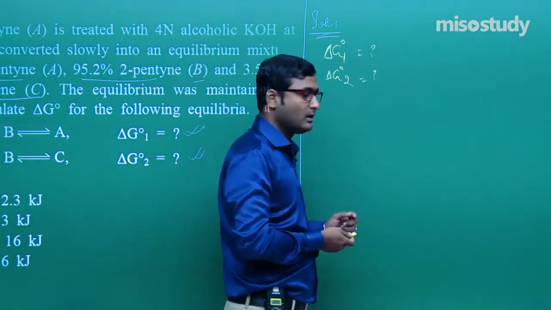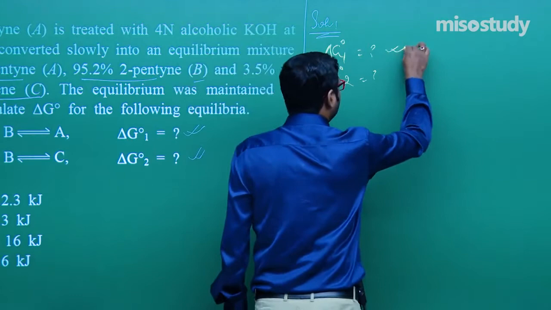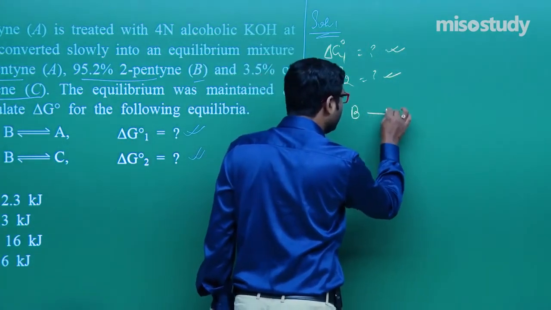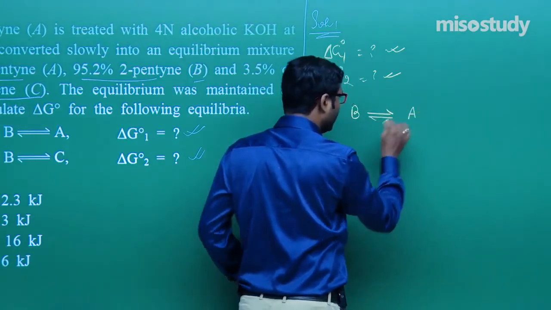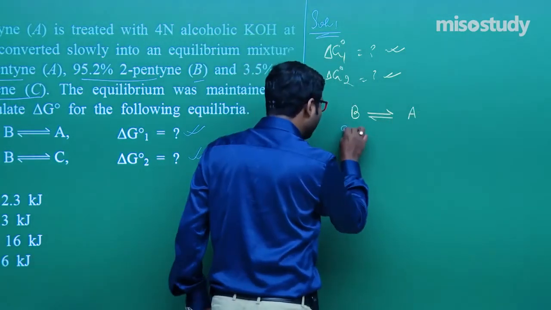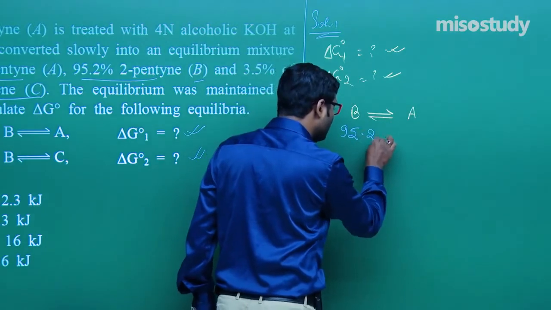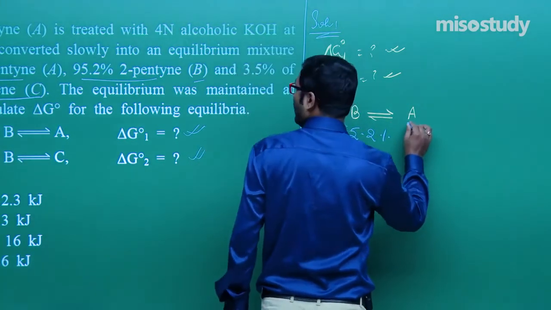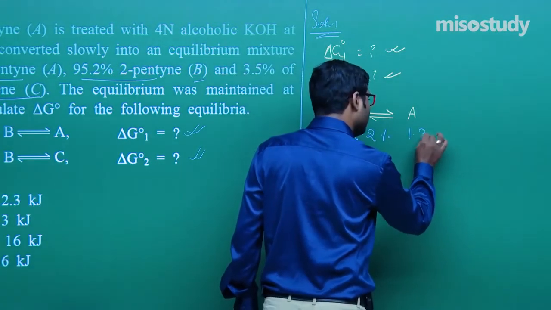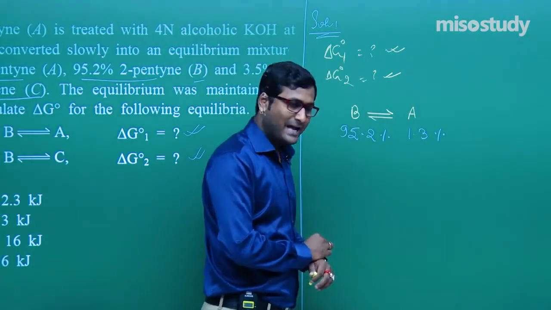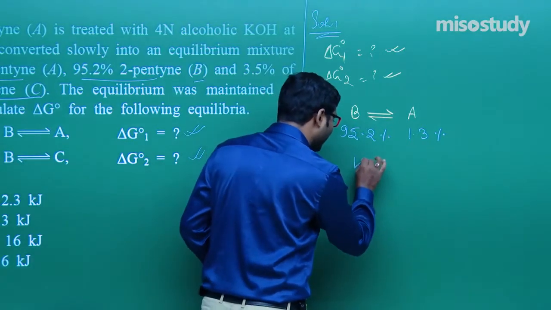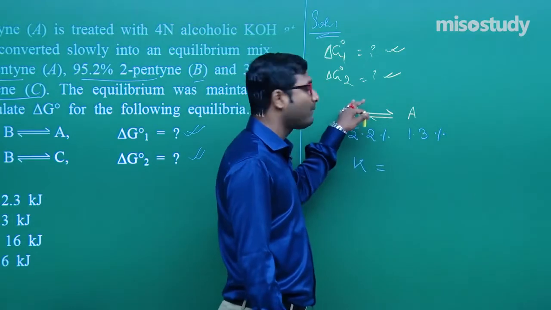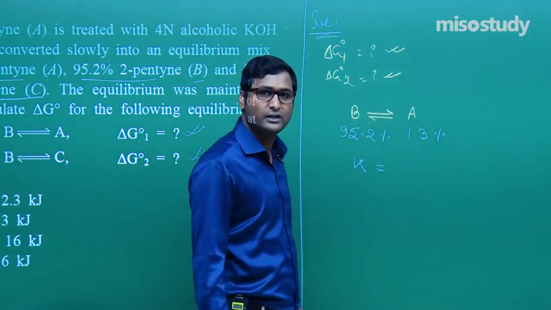Look carefully. If there is a conversion from B to A, and B is 95.2% according to the question, and A is 1.3%, clear to you? As we know, for the equation the value of K is equal to concentration of product upon concentration of reactant.